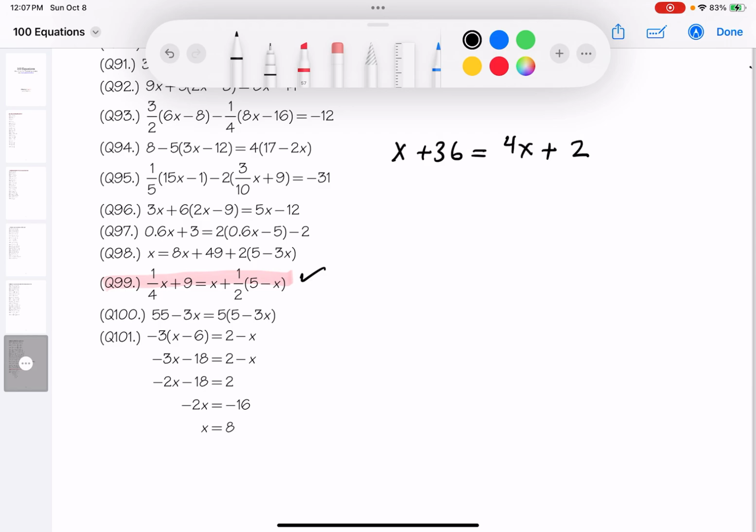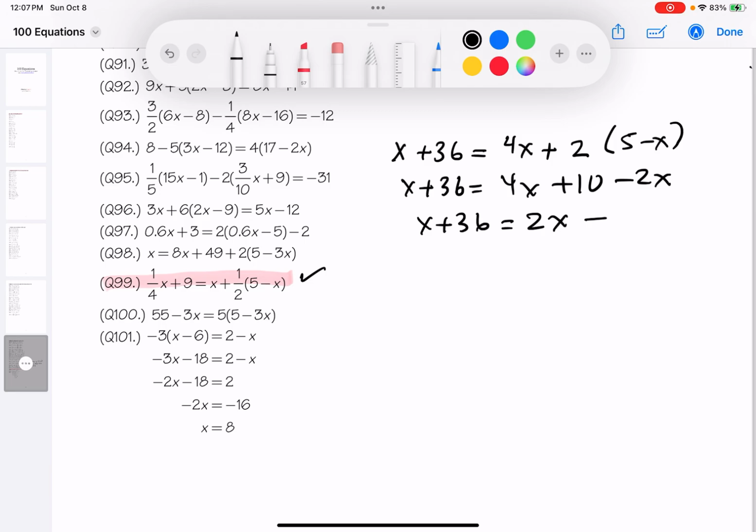Then you can get 2, because 4 times a half is 2, and 5 minus x. x plus 36 equals 4x plus 10 minus 2x. x plus 36. This is going to be 2x plus 10. Take x from both sides, and you're going to get x. And take 10 from both sides, and you get 26. I think I said 16 last time. So now I got 26.